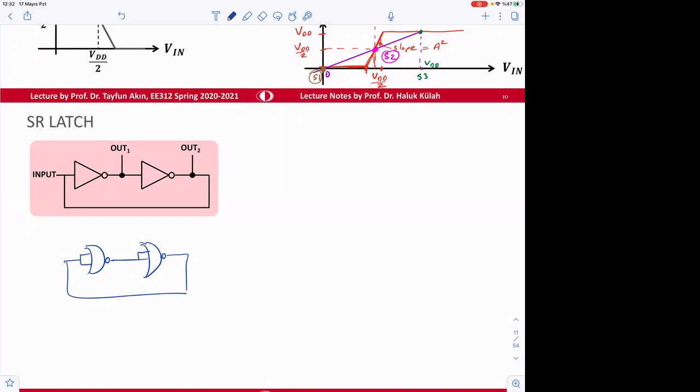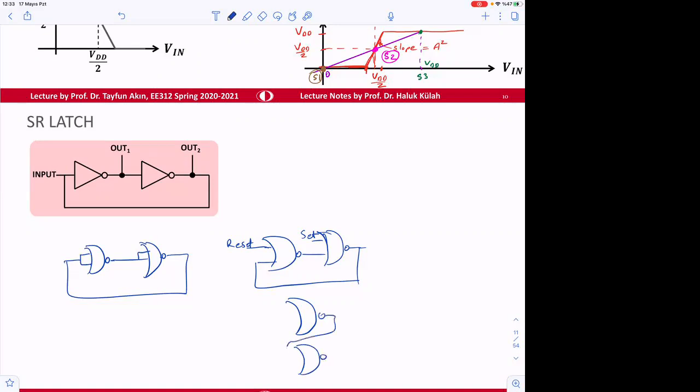And then the same thing, if we switch the circuit and then use one of the inputs as this case here, we can connect here the reset signal, and then this is going to be the set signal, and this will look like, in fact, this circuit.